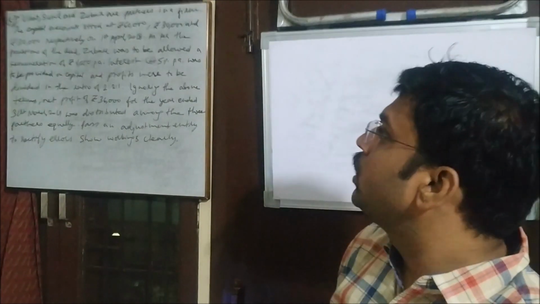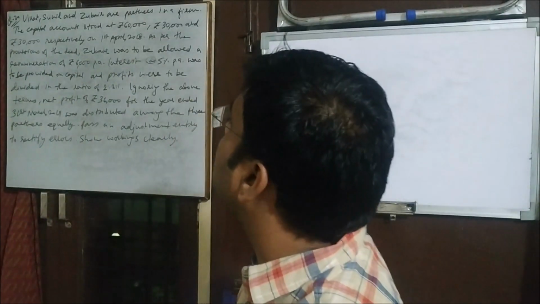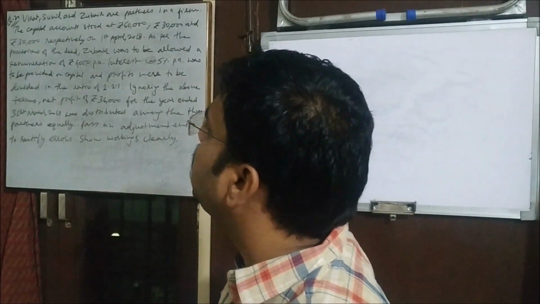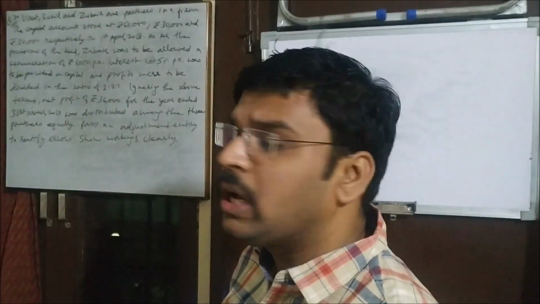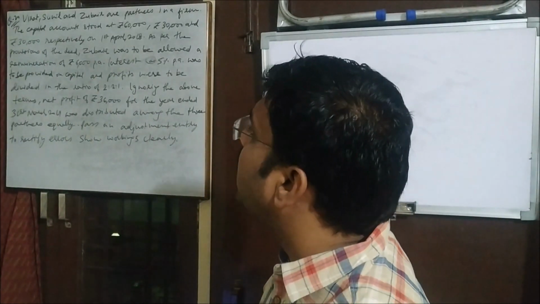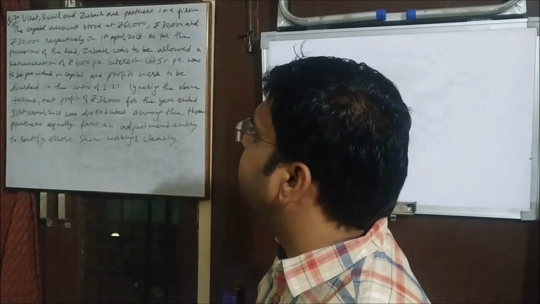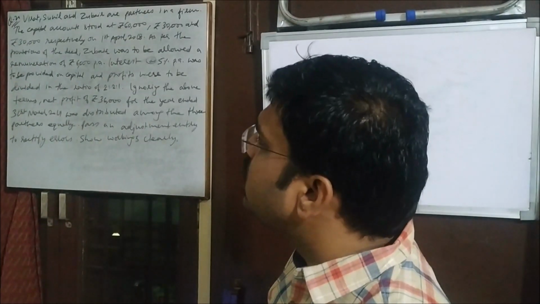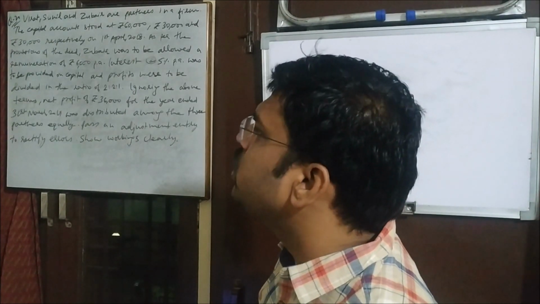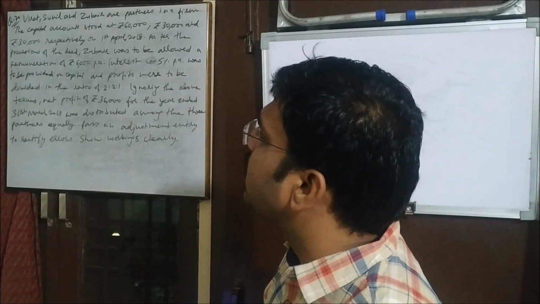Let's read the question. Virat, Sunil and Zubair are partners in a firm. The capital accounts stood at rupees 60,000, 30,000 and 30,000 respectively on 1st April 2018. As per the provisions of the deed, Zubair was to be allowed a remuneration of 6,000 per annum.